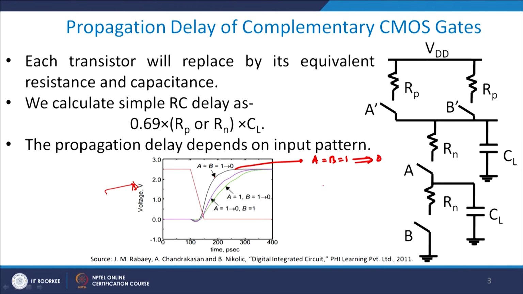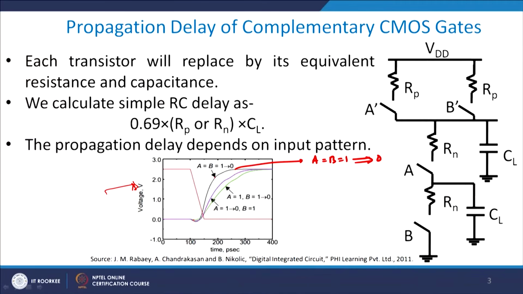Now, when A and B are both 1, both the NMOSs in the pull down were able to discharge the cell at a much faster pace, and therefore TPHL was much lower, and therefore you see this gives you a very fast rise, and you can understand why, because both these transistors are getting in the on state, and therefore this CL is getting charged by virtue of this as well as this. So, charging is faster, therefore switching is also faster, and therefore you see this red line is increasing at a very fast pace, right. So, this is what we have understood or explained.